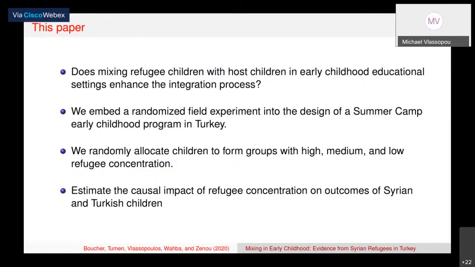So we formed groups with high, medium, and low refugee concentration, and that then allows us to estimate the causal impact that refugee concentration has on outcomes of both Syrian and Turkish children in this context.